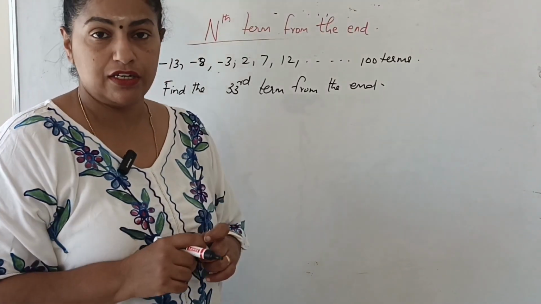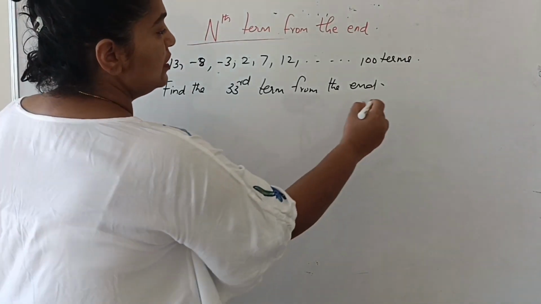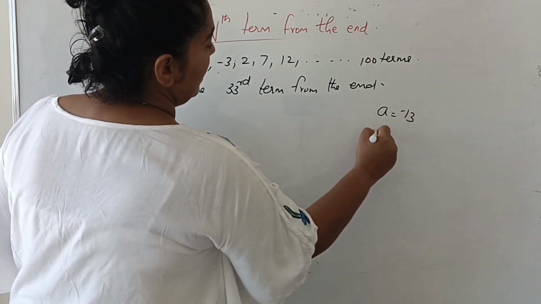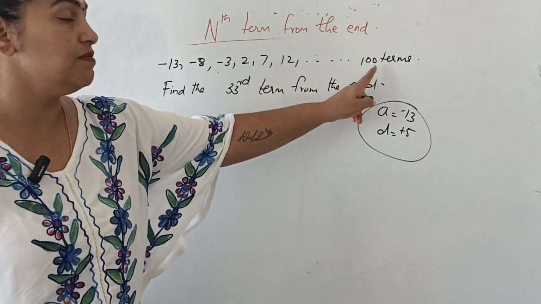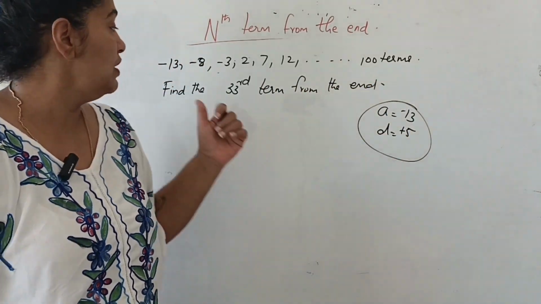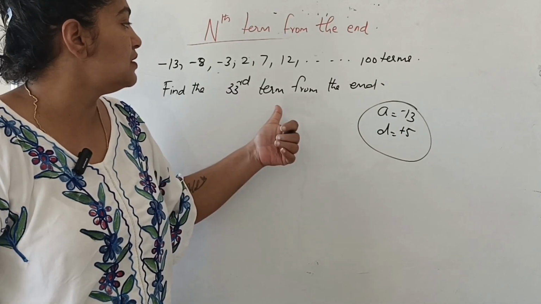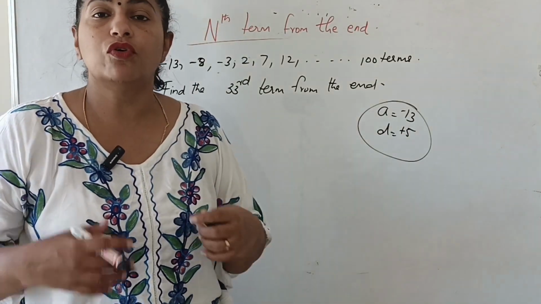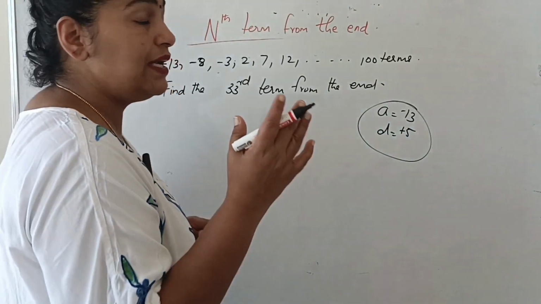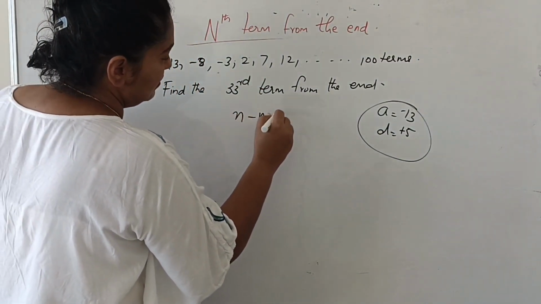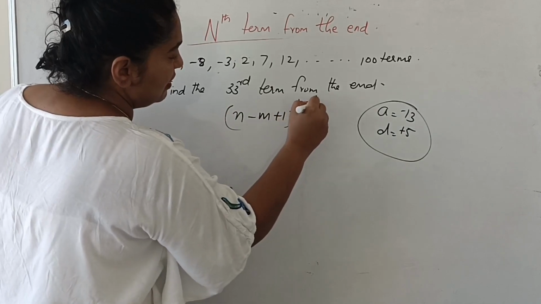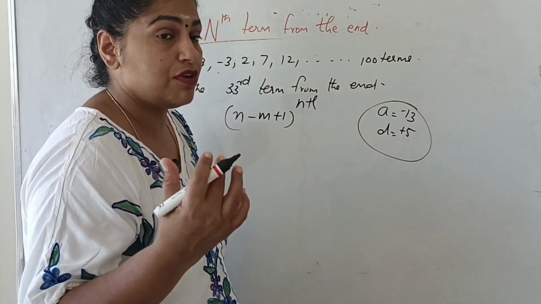We have this particular arithmetic progression whose first term is minus 13 and the common difference is plus 5, and it goes up to 100 terms, which means 100 is the last term. We need to find the 33rd term from the end. Going by the previous formula, the 33rd term from the end is the (n minus m plus 1)th term from the beginning.